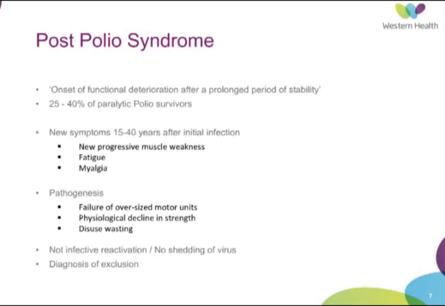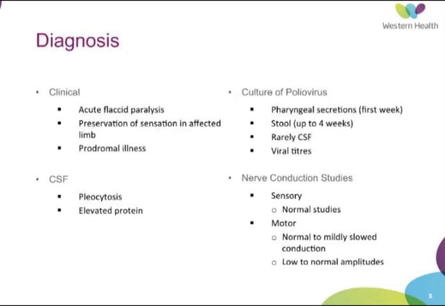entities should be excluded. Diagnosing polio, especially in the acute setting, is largely a clinical diagnosis where you get an acute flaccid paralysis with preservation of sensation, and this is preceded by that prodromal illness. Lumbar punctures have been performed with sampling of the CSF, and this is more so in the aseptic meningitis, and this tends to show a typical meningeal picture.